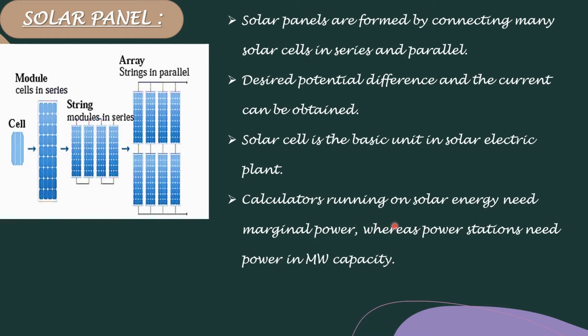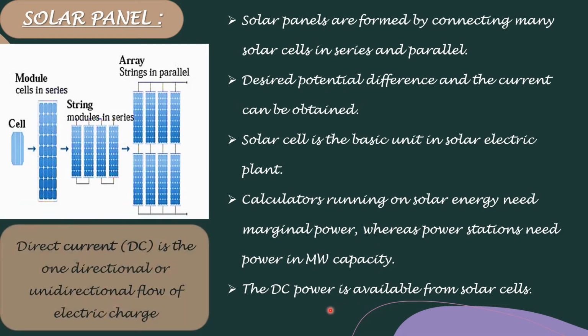Then the power available from the solar cells is DC. Now what is DC? DC is direct current, and it is the one directional or unidirectional flow of electric charge.